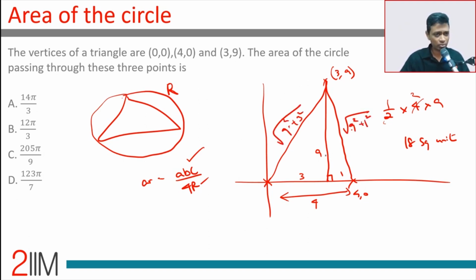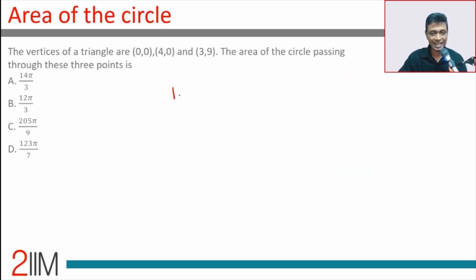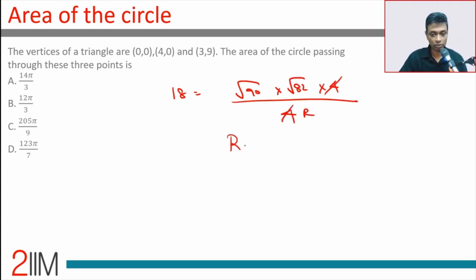This is a complicated question, but not an impossible question. This is root 90, 81 plus 9. This is root 82. This is 4. Bam, we have our answer. Area is 18, which is root 90 into root 82 into 4 by 4R. Or circumradius is root 90.